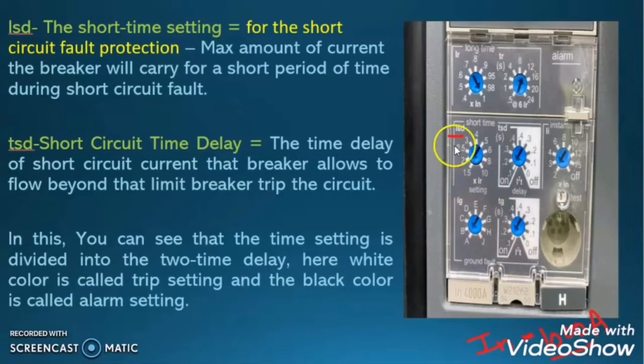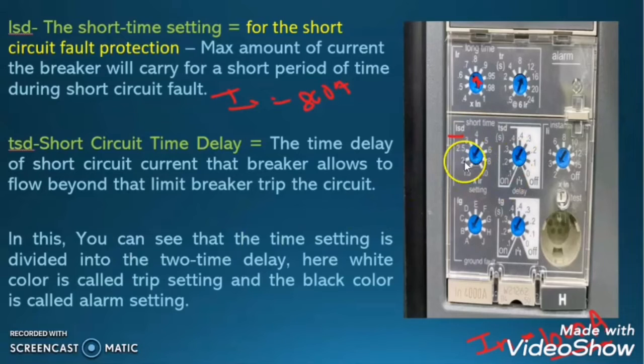Now suppose this circuit breaker has a nominal current rating of 1000 ampere. We set it to 0.8, then the IR will be 800 ampere, which I explained earlier. Now we need to set the short circuit fault rating: how much short circuit fault current will be allowed through this circuit breaker and for how much time. This we need to set.